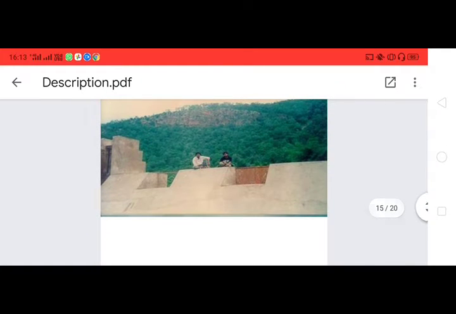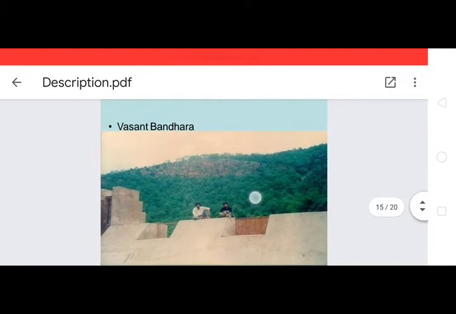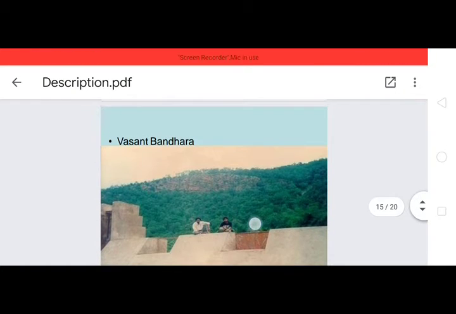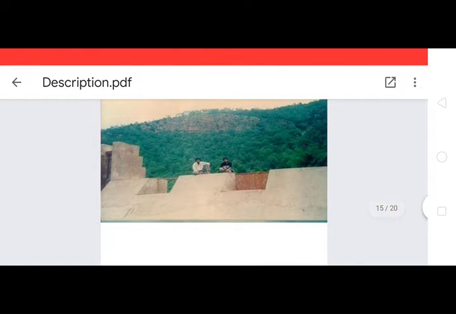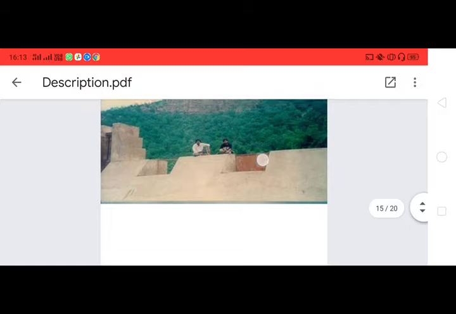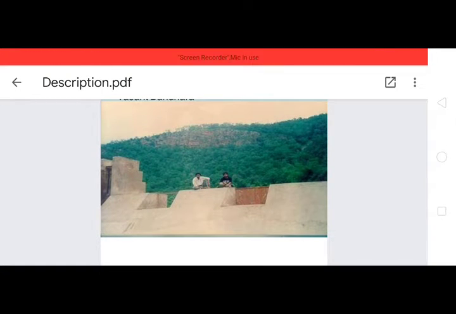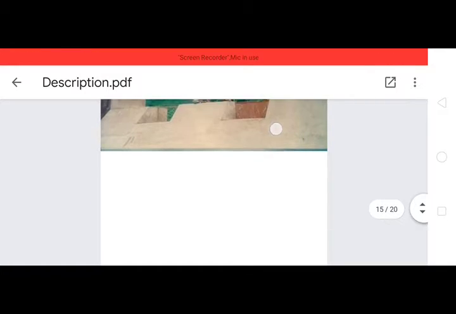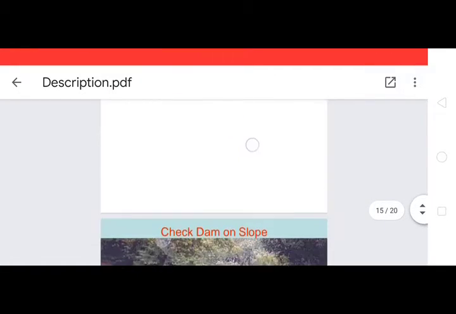So what can we do by this Vasant Bandhara dam? We can disturb the flow of water, so the force of water can be mobilized throughout the path.